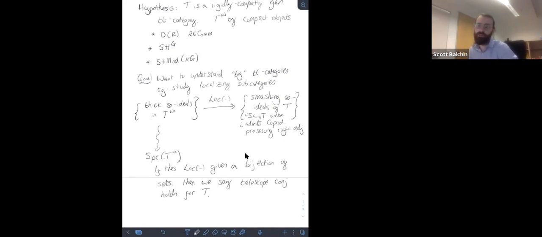You ask that this is a bijection of sets. So every smashing tensor ideal is generated by some compact objects. We know a lot of cases where this holds, but of course there are many cases where this doesn't hold. So this is a kind of lossy process.